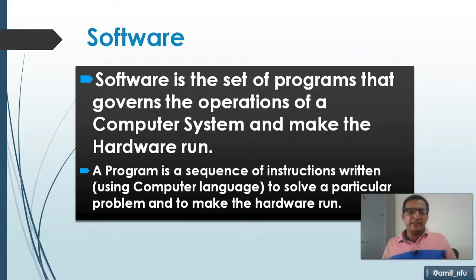So, basically, a set of instructions to solve a problem is called a program, and a set of many such programs which can help us to govern the operations of the computer system as well as to make the hardware functional is called software, right? So software is basically a collection of programs.